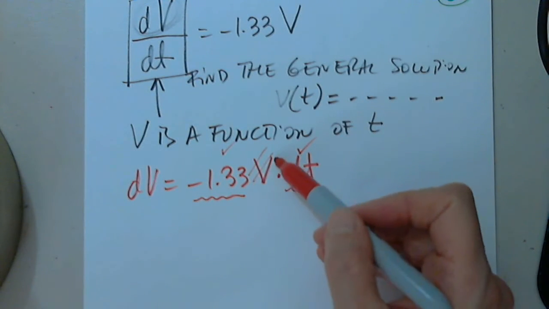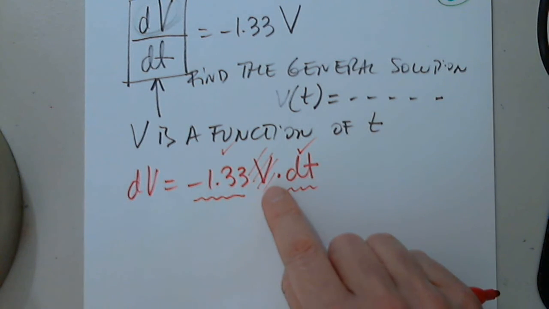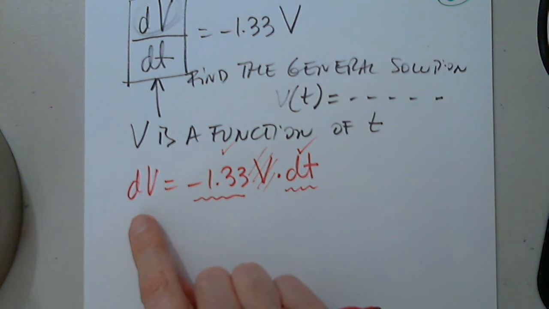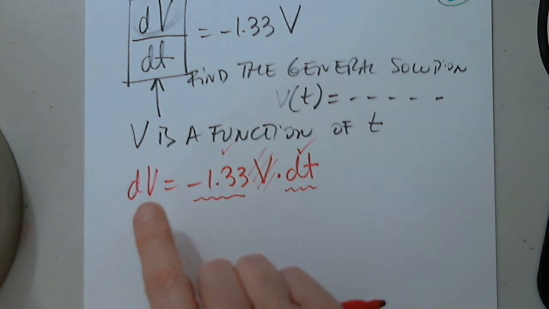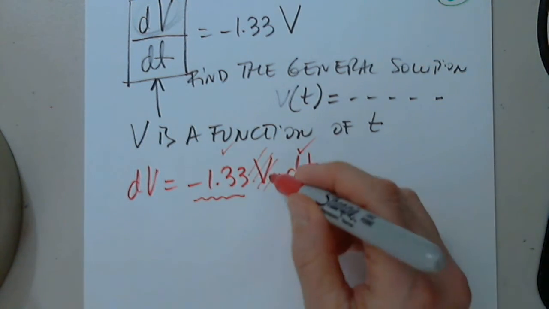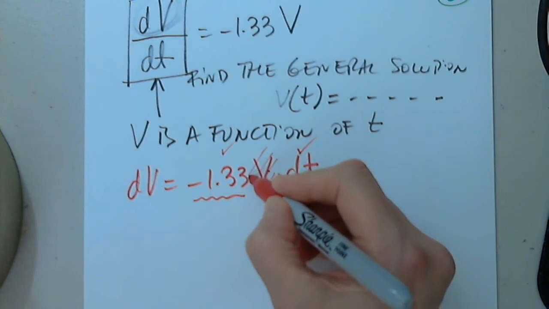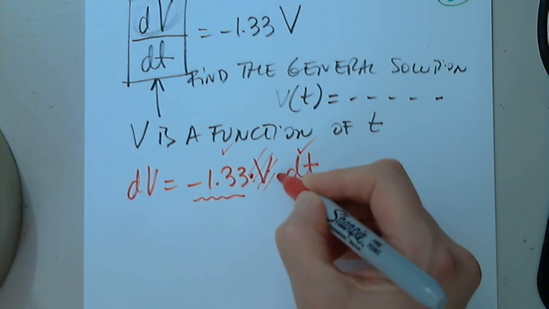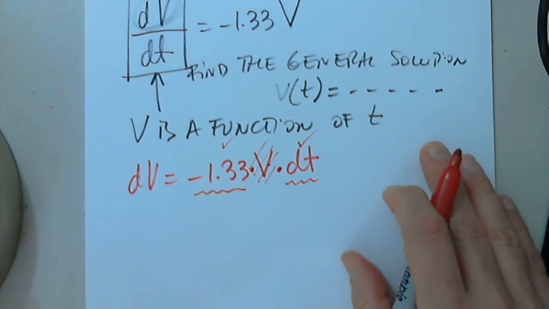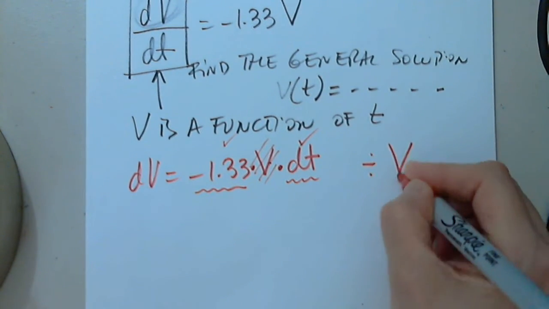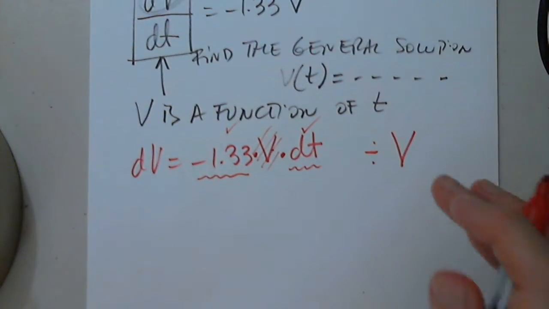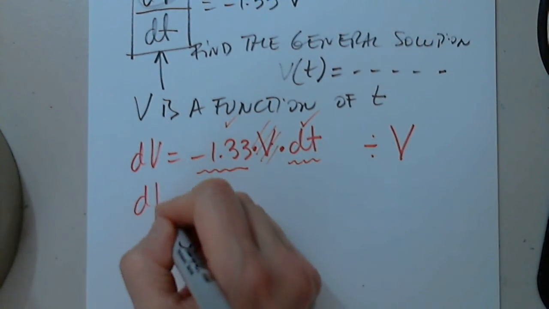This v cannot be here. This somehow has to be on this side. What should I do to both sides? Just remember, this is multiplied. Divide. Yes, exactly. Divide both sides by v. So now I'm happy.